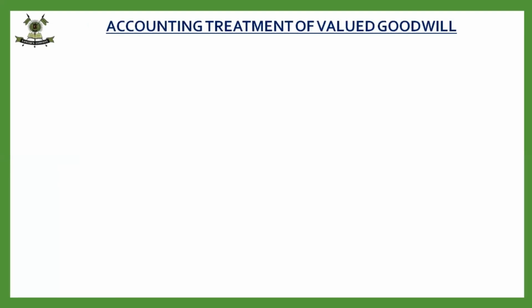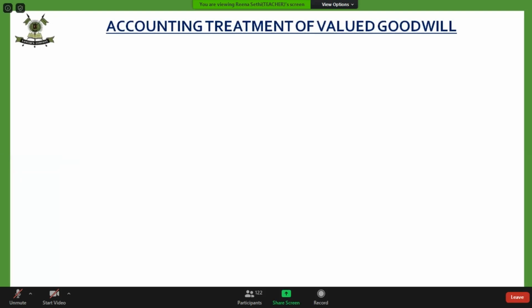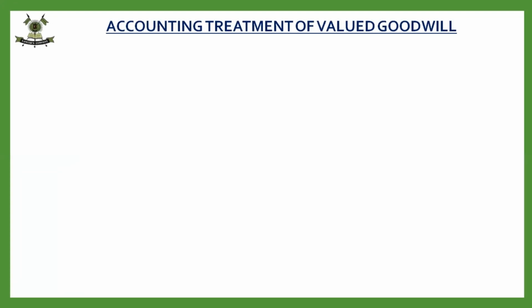You pass the entries and then you check your answers. I'm getting the entries as well. Very good, children. This shows your concepts are clear. No, Lakshit, there is a mistake in the entry. So when I discuss, you check your answer.